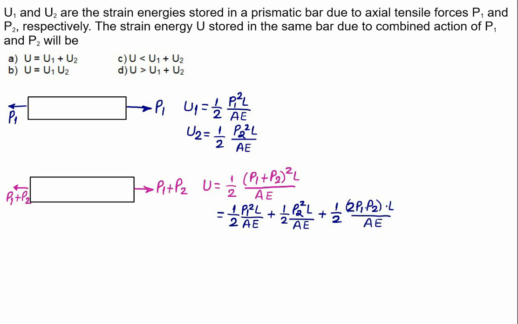So clearly in this case you will get U equal to U1 plus U2 plus a certain positive number. It means that the value of U is greater than the sum of U1 plus U2. Choice D is correct.